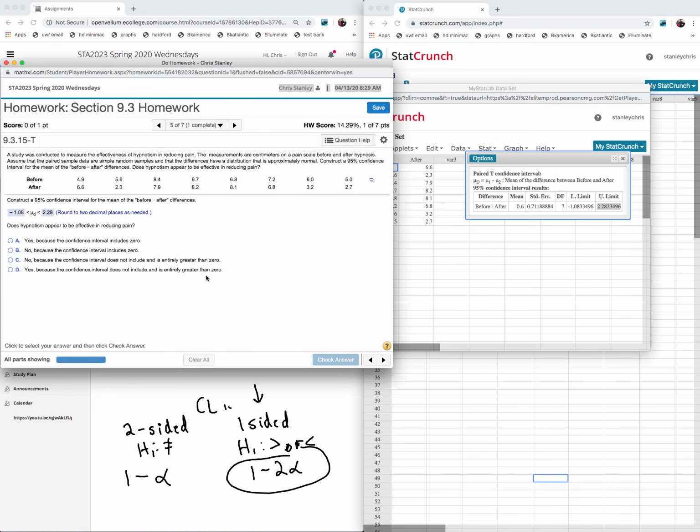And voila. Whenever, to be effective, 0 can't be in the interval, because if 0 is in the interval, then the average difference could easily be 0, which means there's no difference. So since 0 is in the interval, we can't claim that there's a difference.